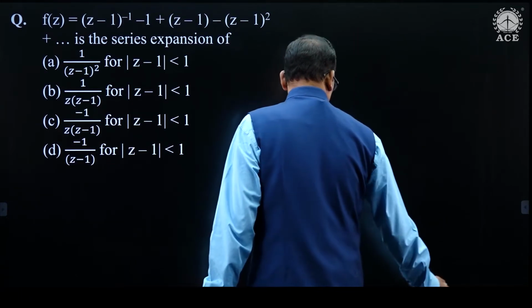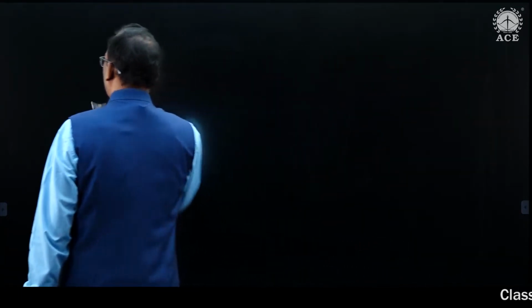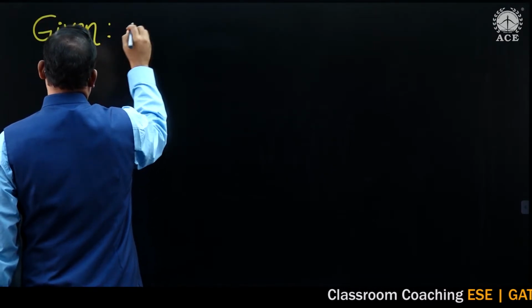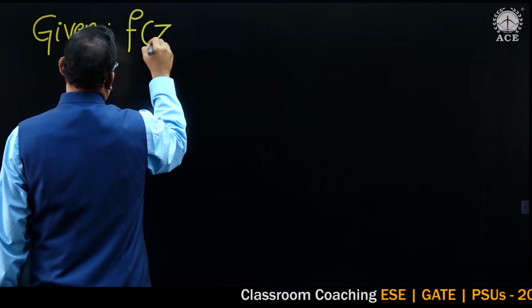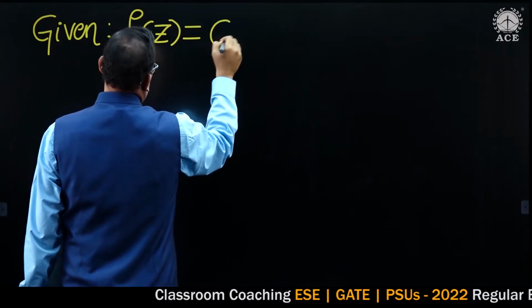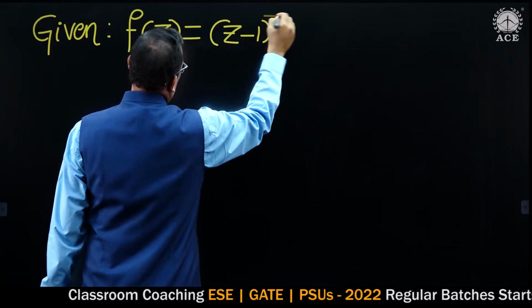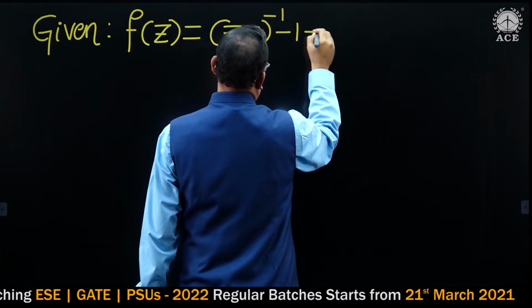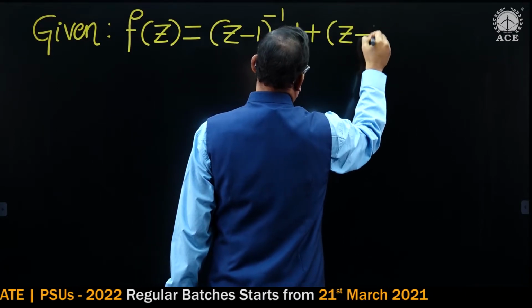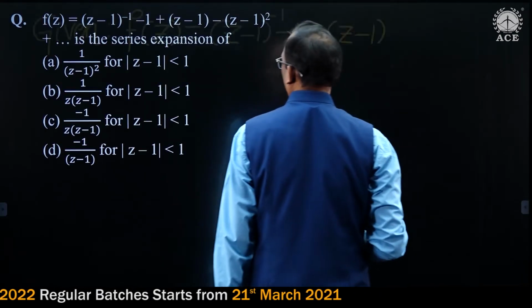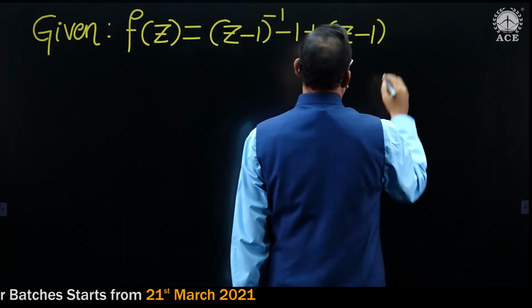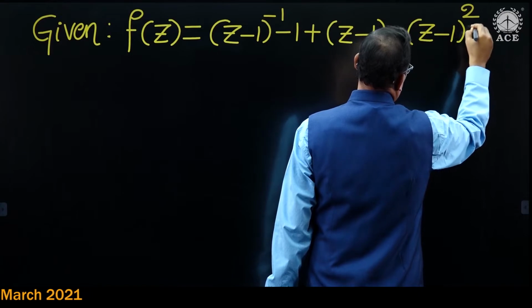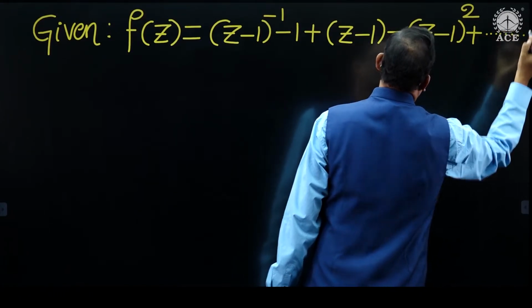First of all, take the given function: (z minus 1) whole power minus 1 plus (z minus 1) minus (z minus 1) whole square plus so on.